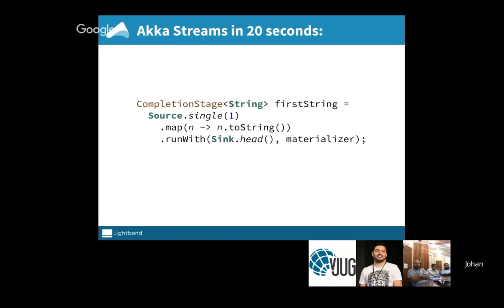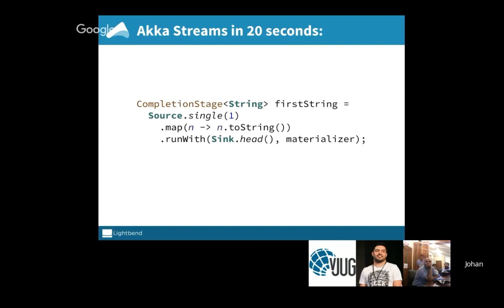I will have an example also of something, a sink that actually kind of leads to a return value when the stream reaches its end. So in this little sample, we have a single element source, which will emit number 1, and then it will map it to string of the number 1.